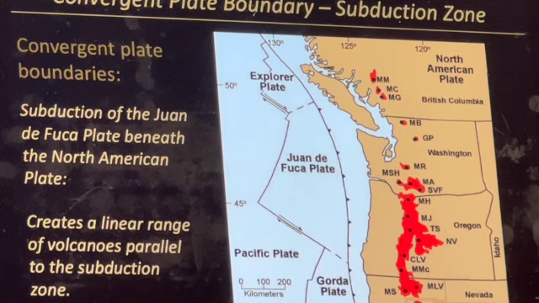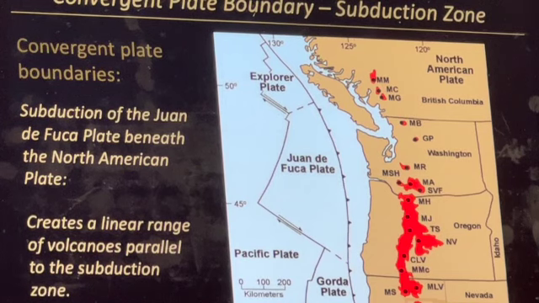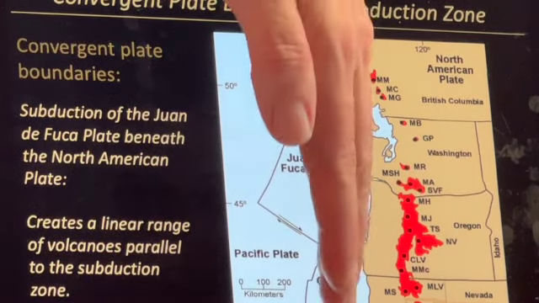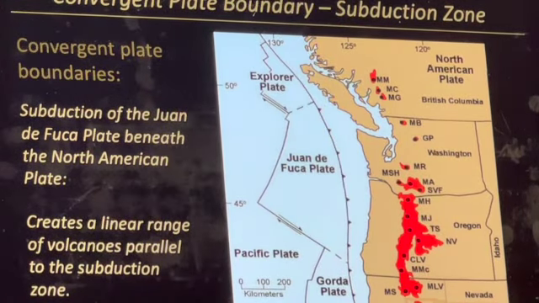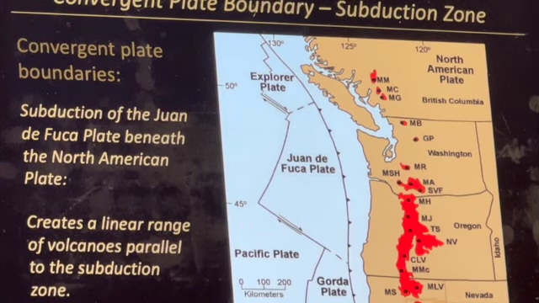That's hard. So this is showing, this very small Juan de Fuca plate is moving towards the east. The Pacific plate is moving towards the west, which means that they are on a collision zone. And everywhere along that boundary where those plates meet, that is what we call a subduction zone, because that Juan de Fuca plate is subducting underneath the North American plate at that boundary where those plates meet.